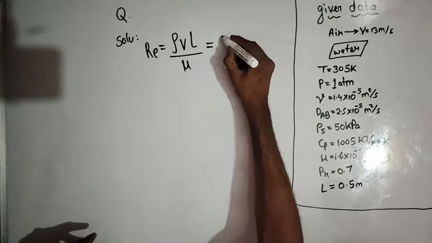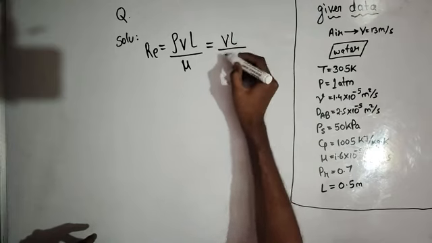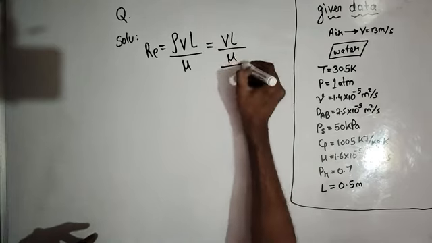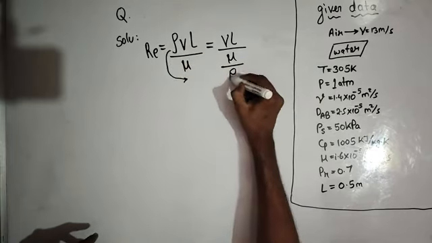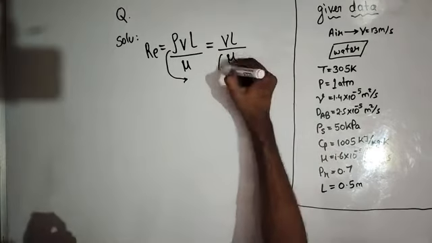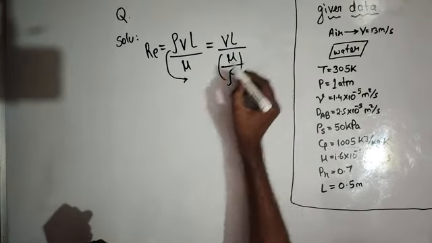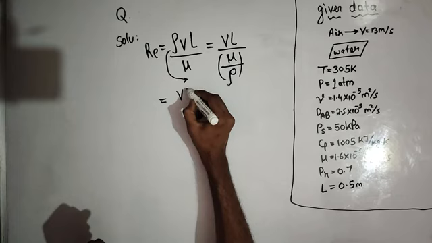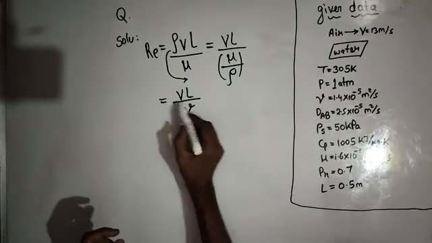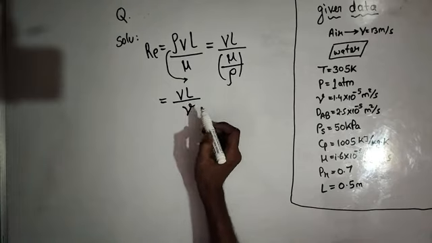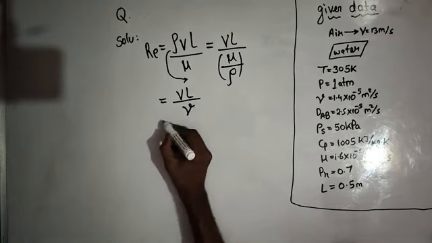So we have to rearrange these equations. We will take this density down and divide it by viscosity. This term can be replaced by kinematic viscosity. So Reynolds number is velocity into length upon kinematic viscosity.